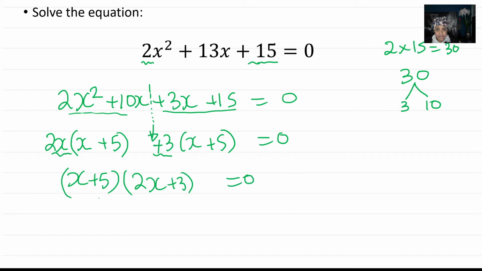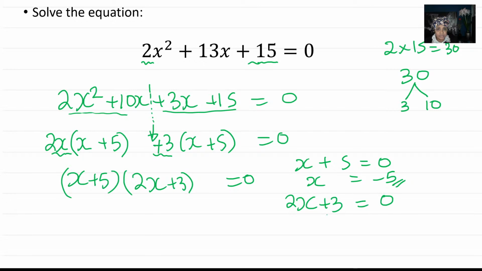Now if we take the first bracket and make that equal to 0, so we have x plus 5 equal to 0, therefore x is equal to negative 5. That is one of our solutions. Then we have the second bracket, which says 2x plus 3 equal to 0.